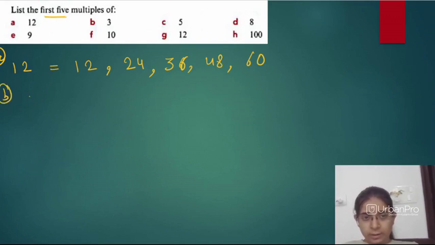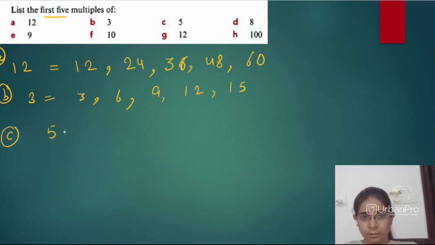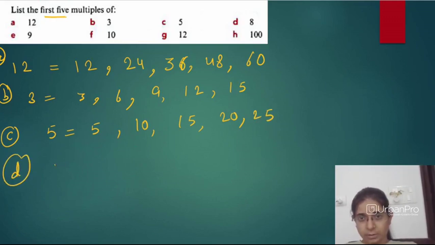So now let's try another number, 3. Of course again we'll write the table of 3: 3, 6, 9, 12, 15, up till 5 only. Then we will do it for 5. 5 ones are 5, 5 twos are 10, 15, 20, 25. All these are the first 5 multiples of the numbers.